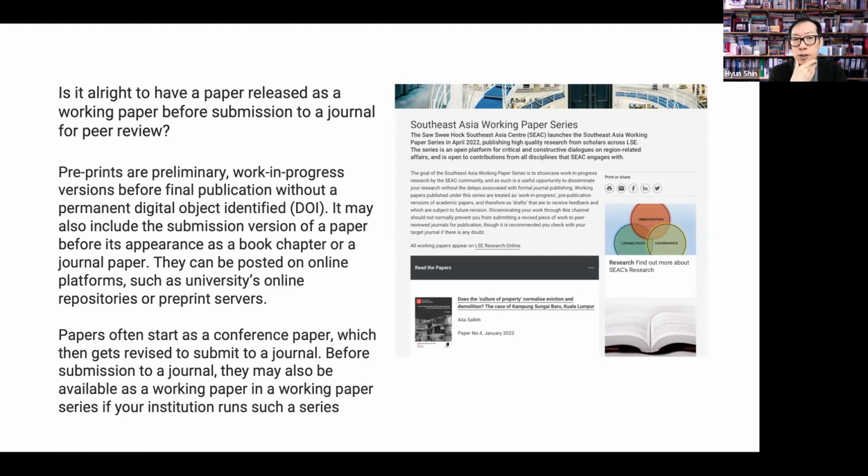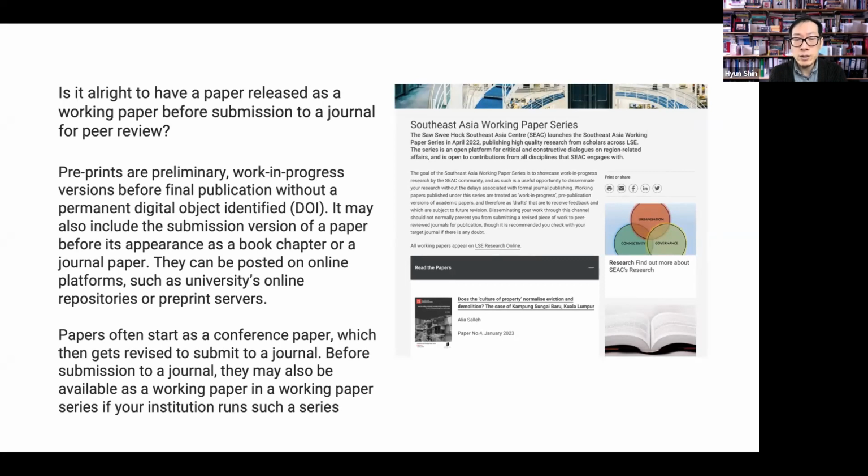It may also include the submission version of a paper that you submit to a journal before it gets fully accepted and published. So these are known as preprints, and nowadays it's quite recommended to have your preprint available on a preprint server, especially for some disciplines in natural science or engineering or medical science.